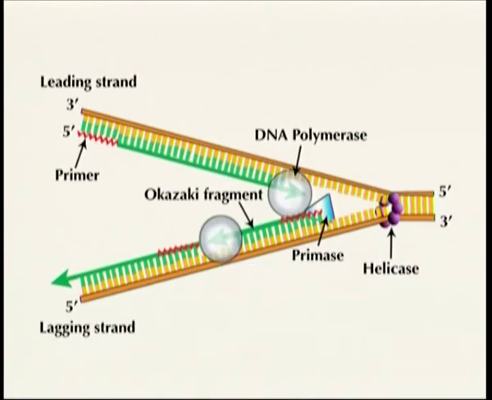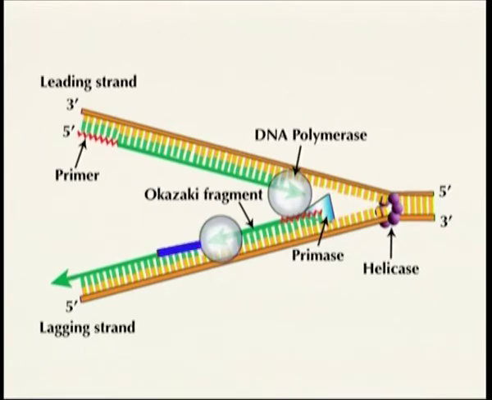It has been well established now that the synthesis of this strand also takes place only in the 5', 3' direction. The primase initiates the synthesis of DNA at the 3' end of the opened region of the fork, and polymerase extends this primer towards the 5' side, synthesizing the new DNA in 5', 3' direction.